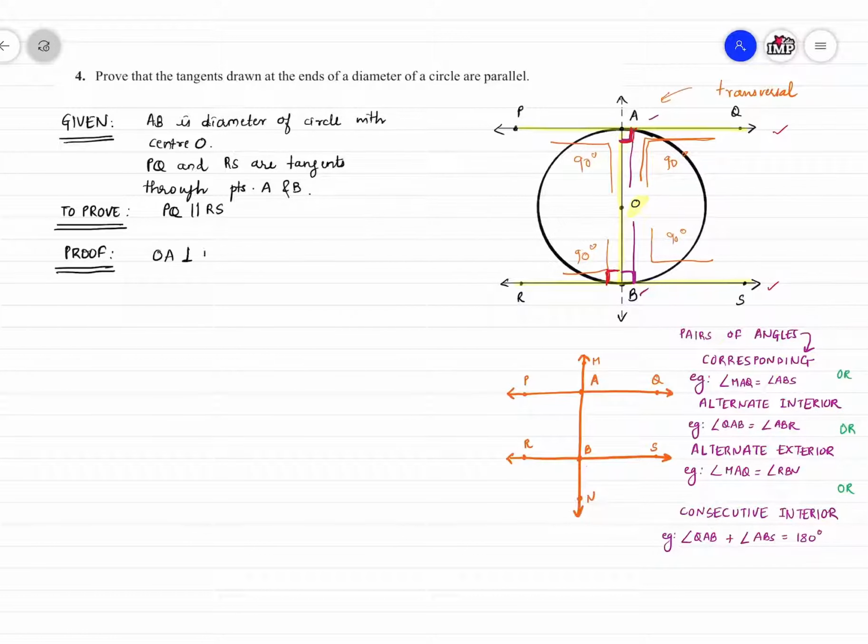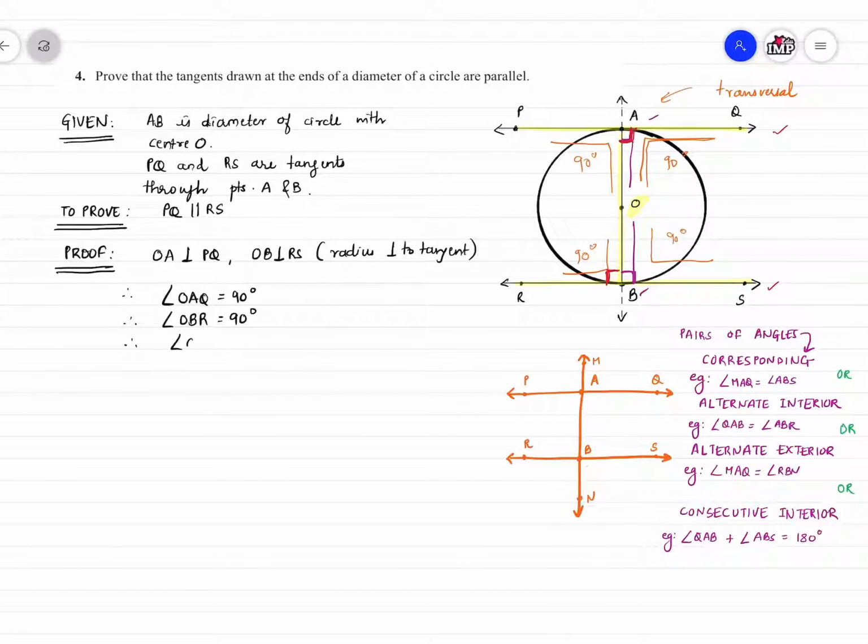OA is perpendicular to PQ and OB is perpendicular to RS. Radius perpendicular to tangent, by theorem 10.1. Therefore, we can write down the angles of interest for us. So OAQ is equal to 90 degrees and angle OBR is equal to 90 degrees.